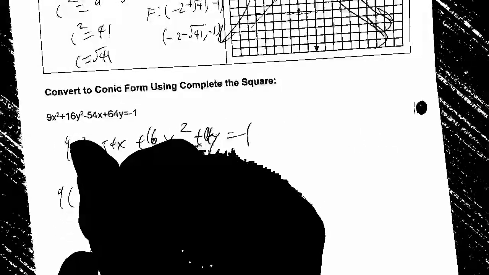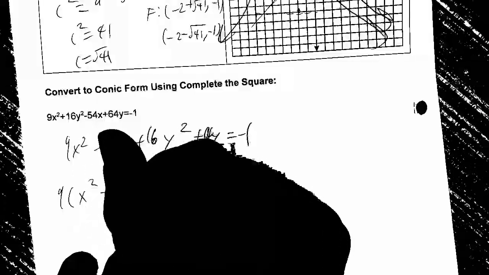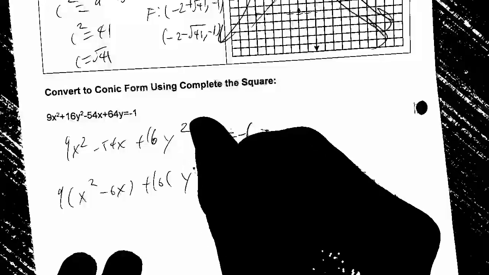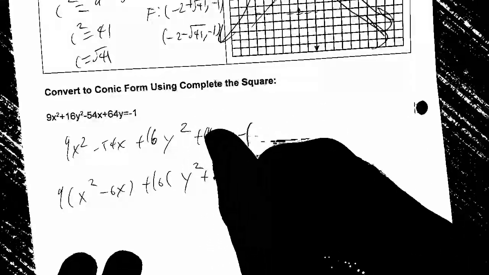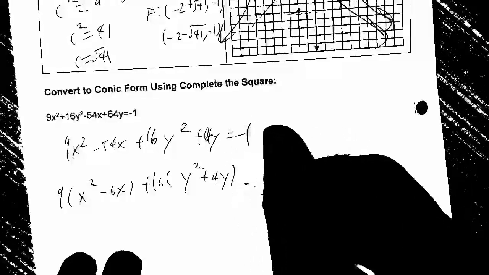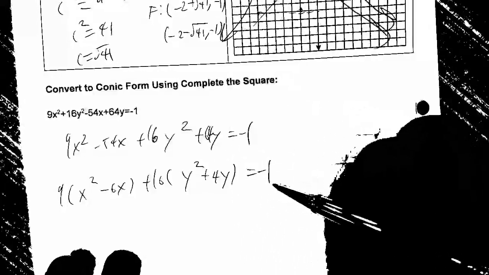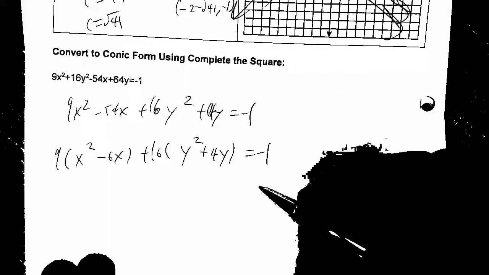You're going to factor out the greatest numerical factor of each. So it'll be 9 times x squared minus 6x, and then 16 times y squared plus 4y equals -1. We're going to add b over 2 squared to both sides.